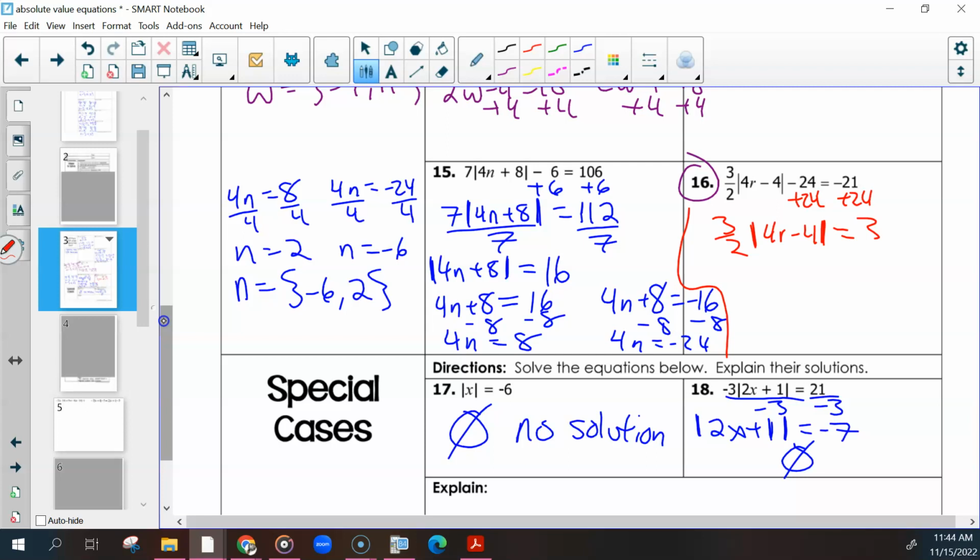Multiply by the reciprocal. Take this number and flip it. And multiply that on both sides. So if we did that, this would become 6 over 3, which is just 2. The 3's we really just cancel. So then you can set this equal to a positive and negative version. And solve.